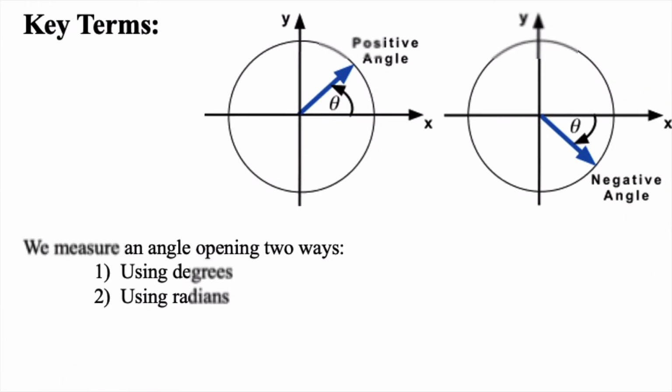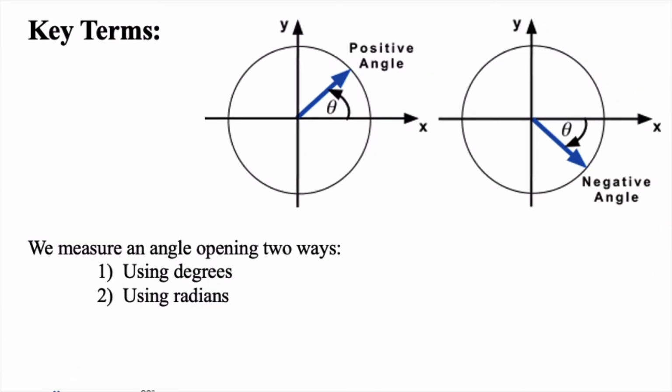There are two ways that we measure angles. Up to this point you guys have been using number one, degrees. How many degrees does every triangle have? 180. If I were to add up this opening and this opening, it would equal 180.